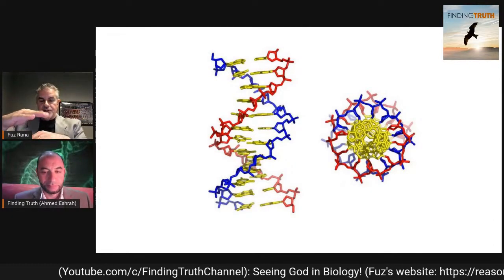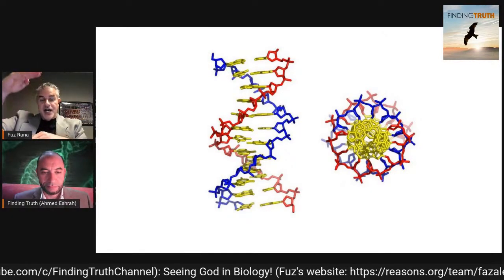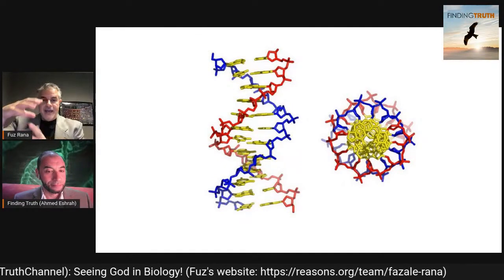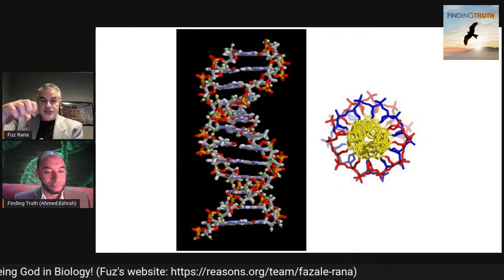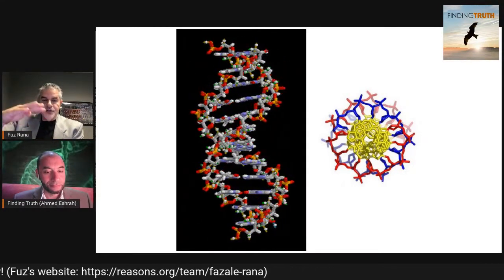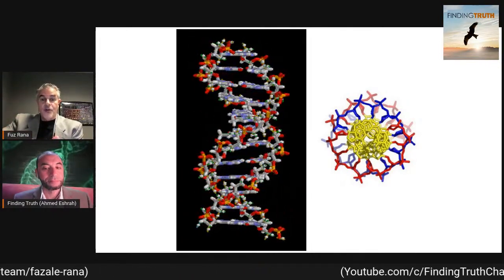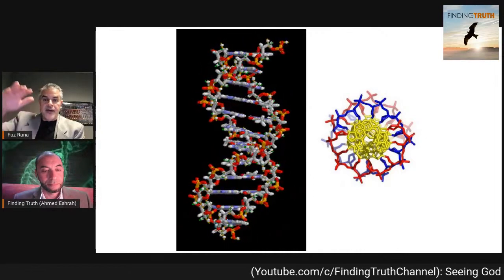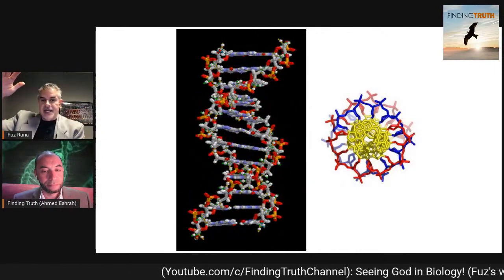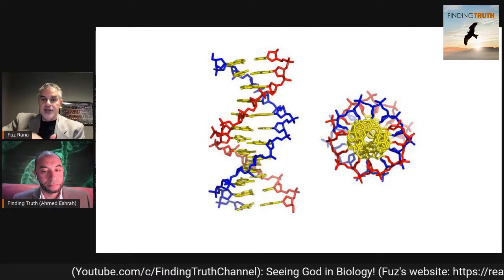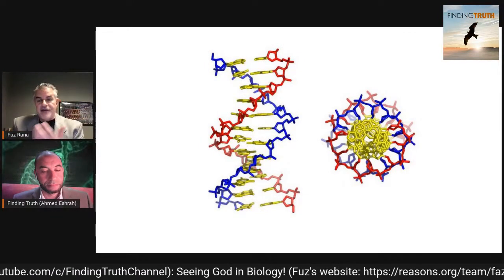Because the nucleobases are stacked on top of each other in the interior of DNA, the electrons from each of the nucleobases will overlap. The electron clouds will overlap to form, in effect, a molecular orbital that goes through the entire length of the DNA molecule. And that molecular orbital can now serve, in effect, as a wire.